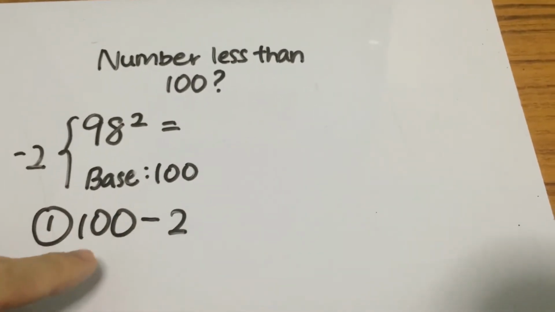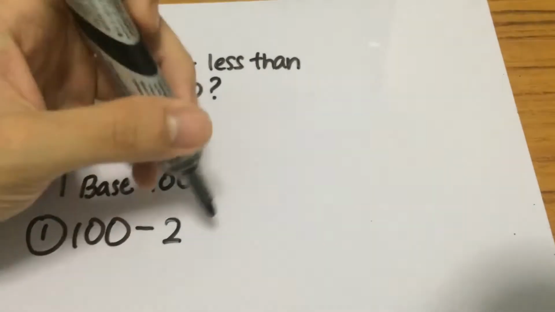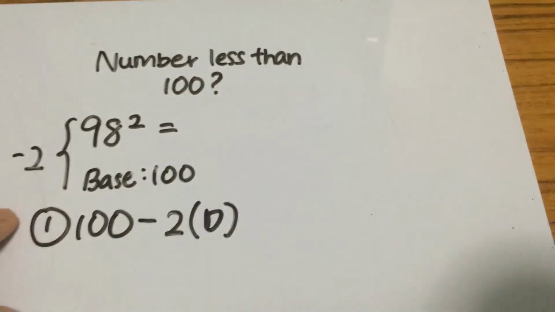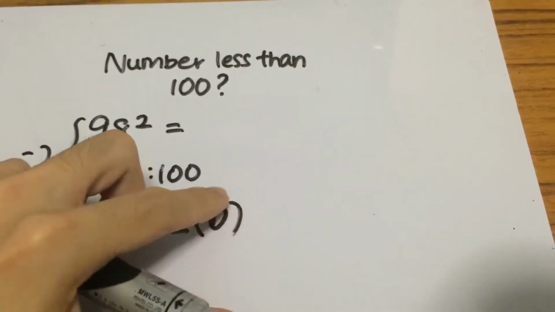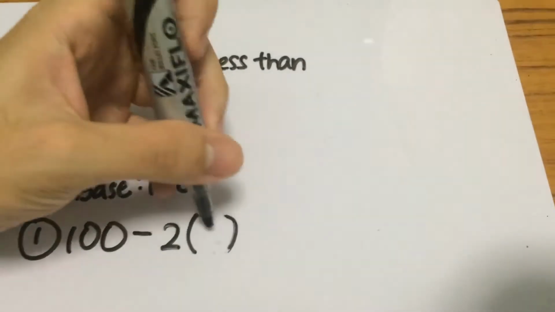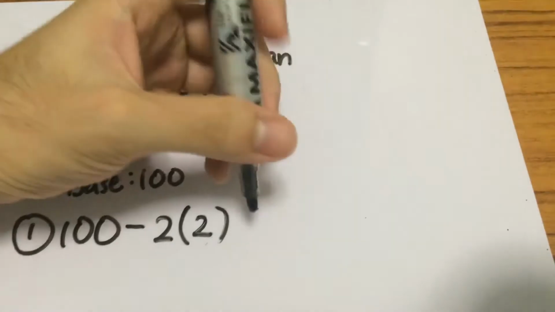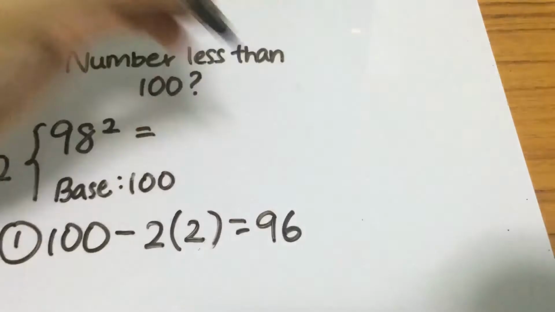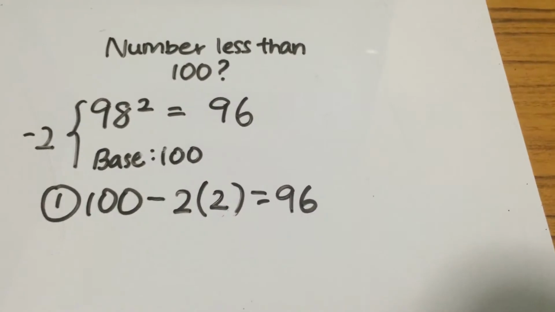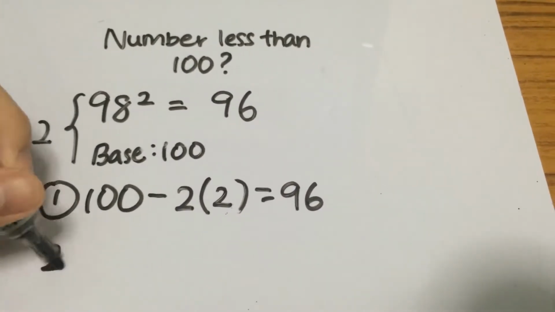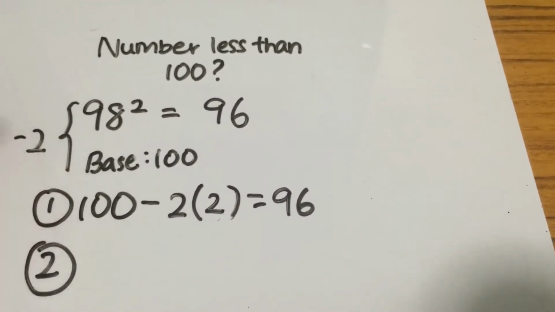So in this case it will be 100 minus 2 times D, where D represents the difference, which is 2. I would get the first 2 digits, which is 96, and that will be the first 2 digits of my answer.